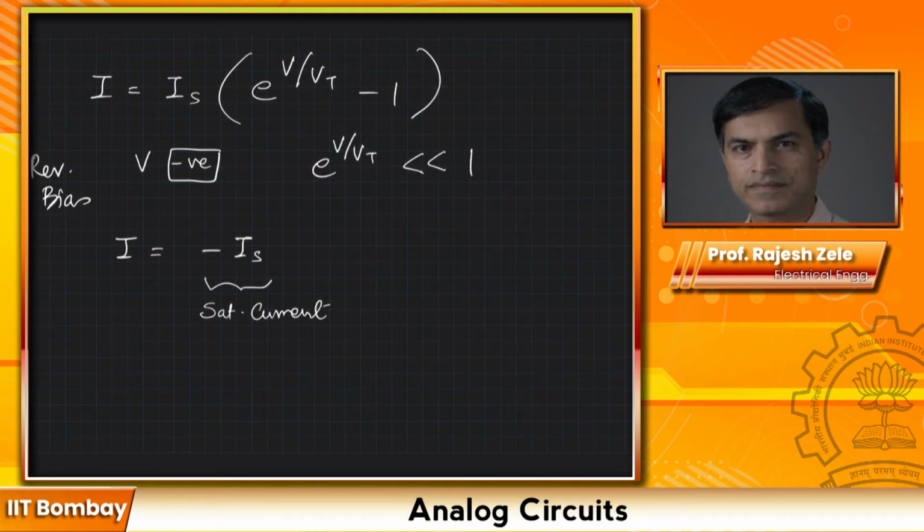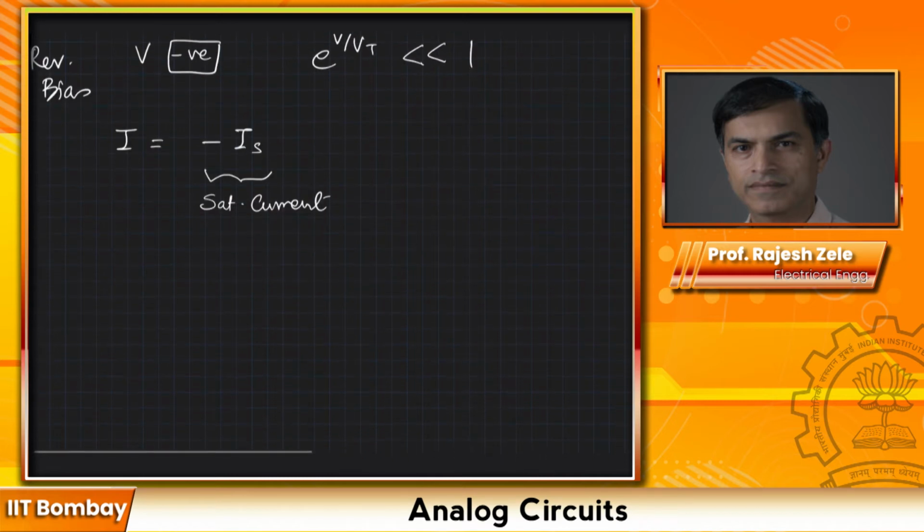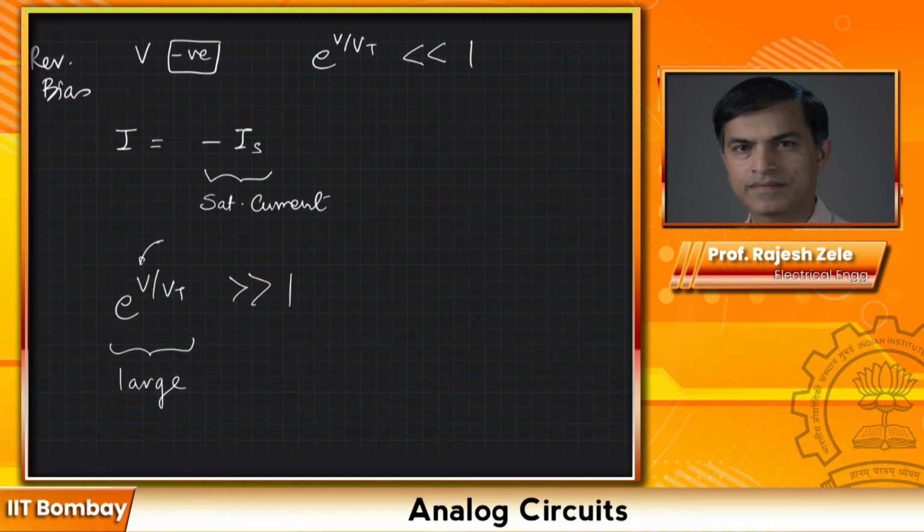So this makes sense. And under forward bias condition, if V is larger than Vt, then exponential V divided by Vt is very large compared to 1. So we can simplify: the diode current is equal to Is exponential V divided by Vt.